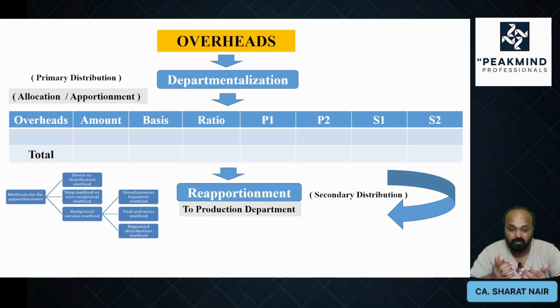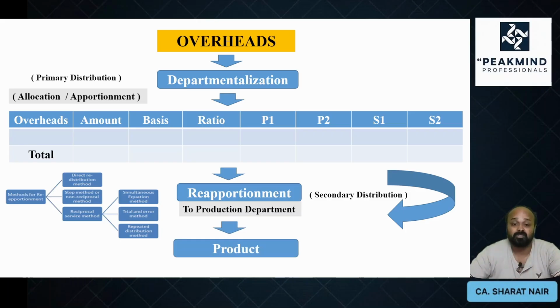Now, these costs need to be charged to the product produced by the respective production department, which is done through a process called absorption. There are various methods of absorption too, which we will also discuss later through our problems and in subsequent videos. So this is the way our overheads are handled in costing.